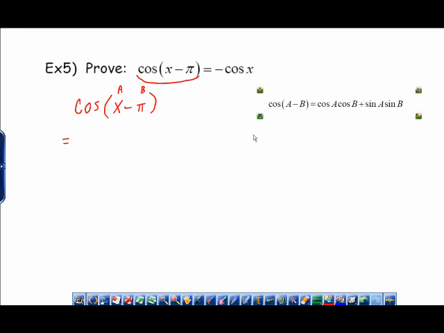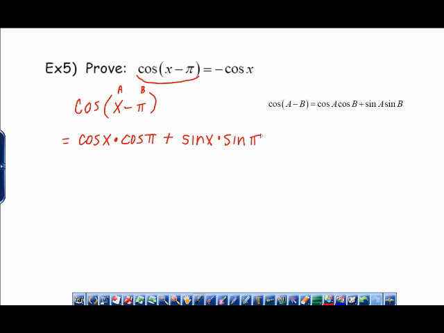Okay, there it is right there. You have your page next to you, and now it's even on here to see. So this right here is going to be equal to cosine of a, which in this case is cosine of x, times cosine of b, which is pi, plus sine of x times sine of pi.